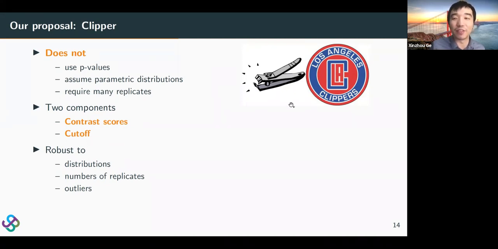We show that Clipper is very robust to different kinds of data distributions and different numbers of replicates. We also find that Clipper is robust to outliers, which means that even when we have some extremely large values in our data set, we can still get good false discovery rate control using Clipper.